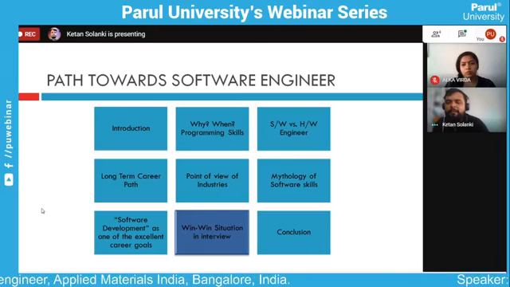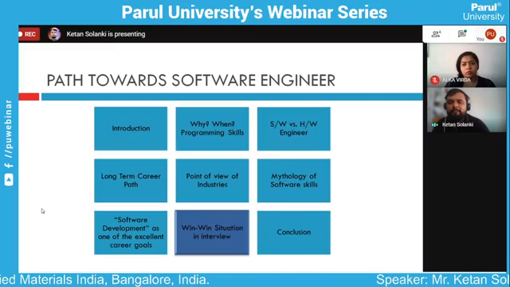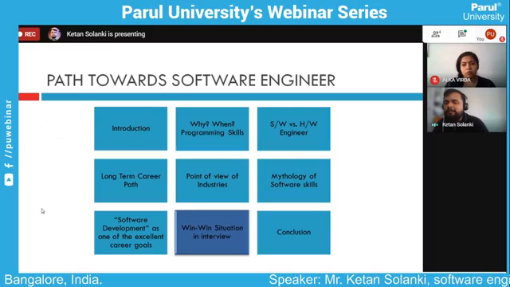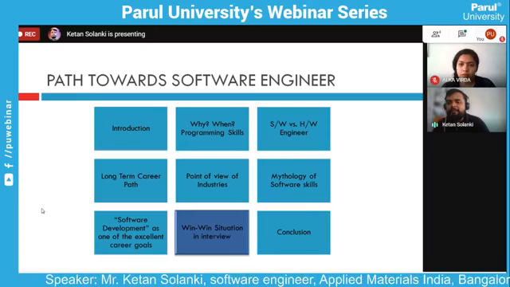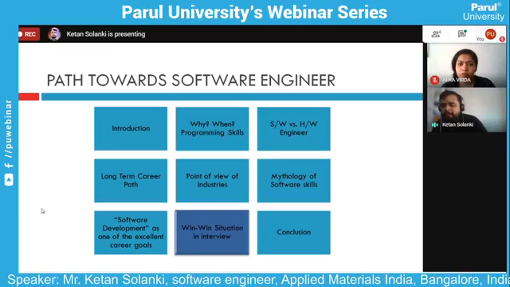Whatever we have grasped will stay with us, and it will not be directly delivered to the industry. So to deliver our expertise as part of the knowledge base, we should have that key to enter the industry. That's why the next point is the win-win situation in the interview.